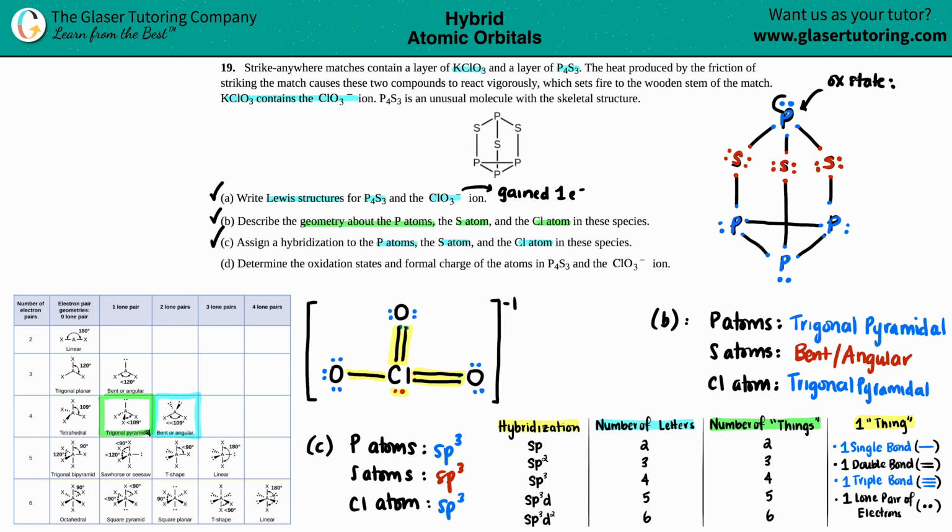Now, since these are lone pairs, these electrons are not going anywhere. They are not going to be lost or gained. You always lose or gain electrons in your bonds. So for all of these, we're going to be looking at the bonds. Now, you have to look at what the phosphorus is bound to because you have to determine which one is more electronegative.